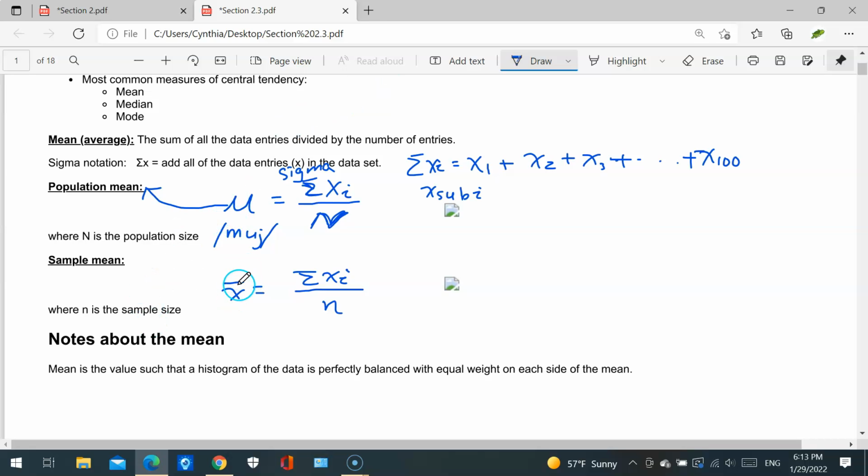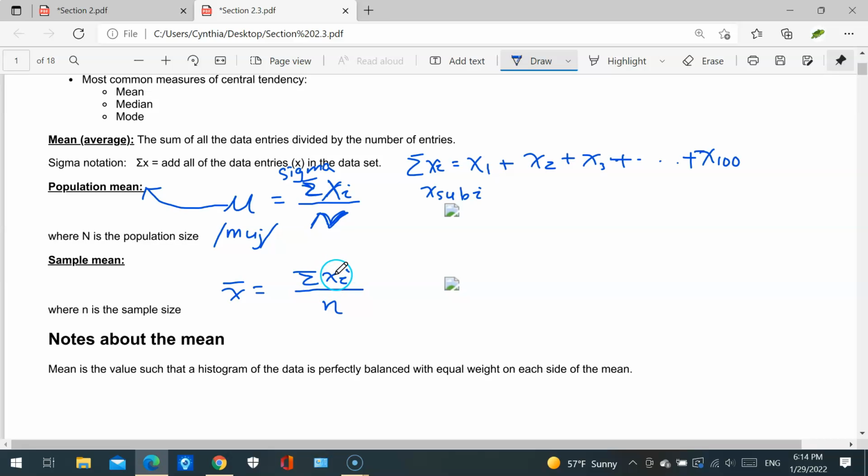For the sample mean, we write x bar. We use x bar to represent the sample mean. Finding the sample mean works the same way: we add all the sample data, and here they use a little x, where before they put a capital X. This is a capital X, and this is a little x.